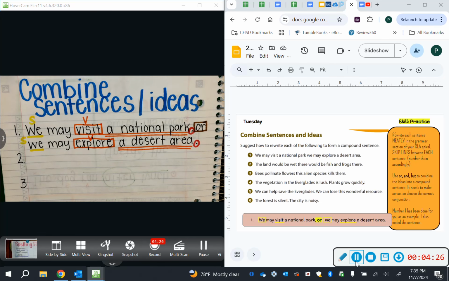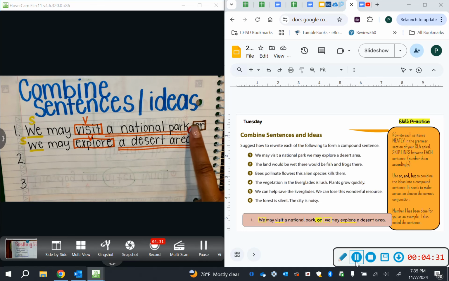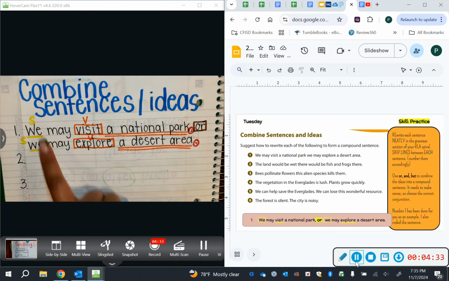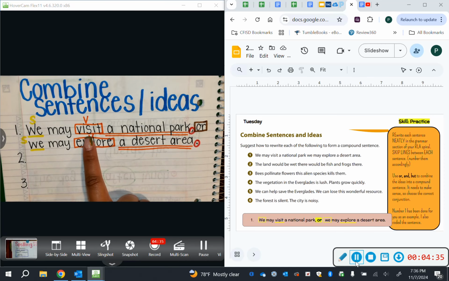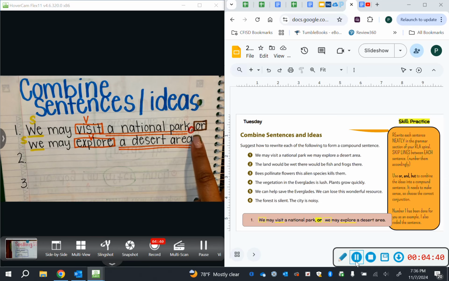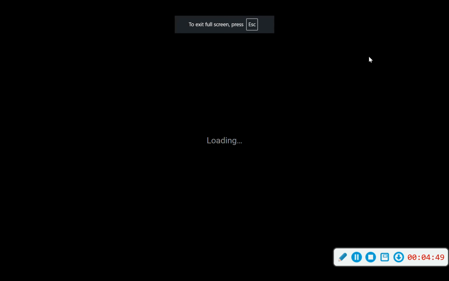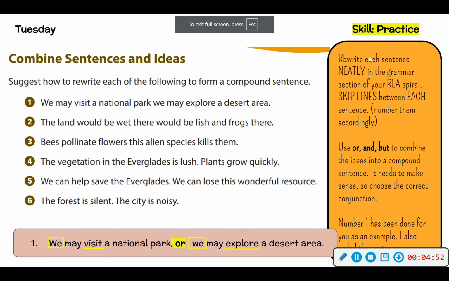Okay, remember when you are writing your sentence, combining both sentences using a conjunction, you need to code the subject, the verb, the predicate, circle the comma, put a box around the conjunction, circle the period. Okay, I'm going to go ahead and put this in slideshow mode, pause it here, and you are doing the next 5 sentences on your own. We did number 1 together.